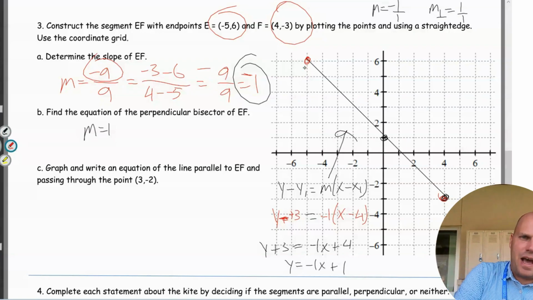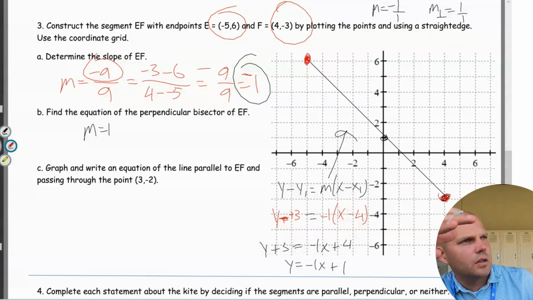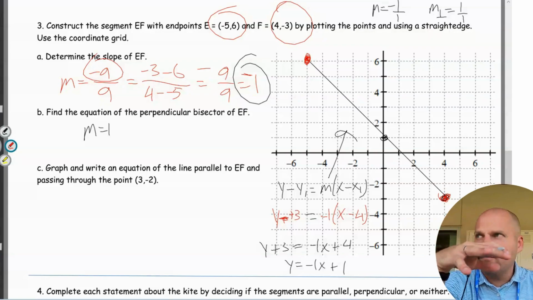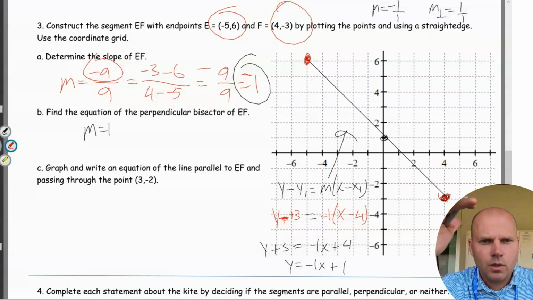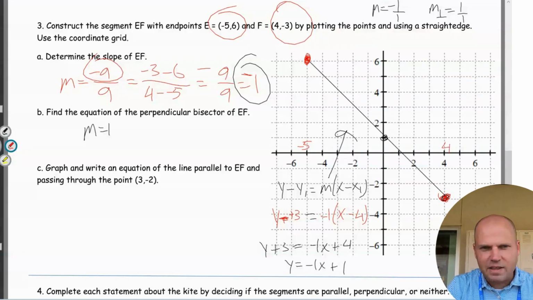I need to somehow find the middle of these 2 points. This is kind of introducing what we're going to be doing later, more formally, finding midpoints. But you can kind of see, my x's go from -5 to 4. What's in the middle of those two numbers? Well, it's not 0.